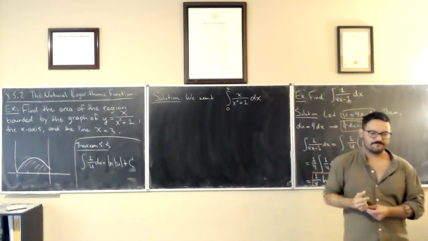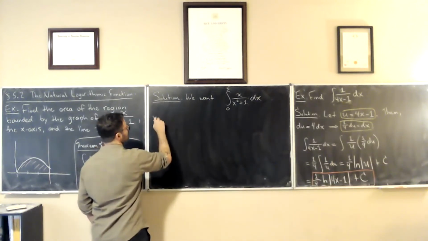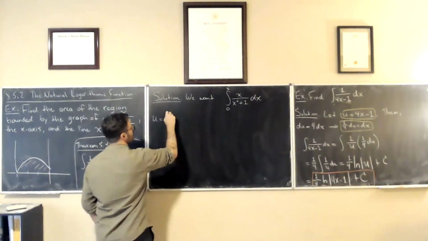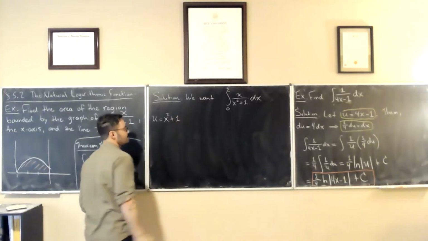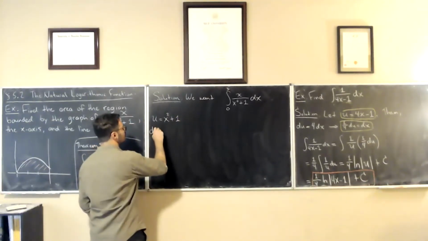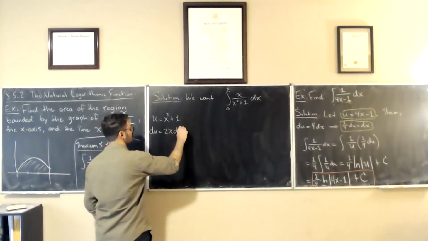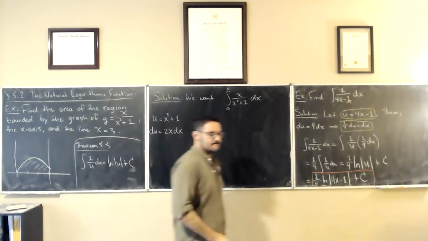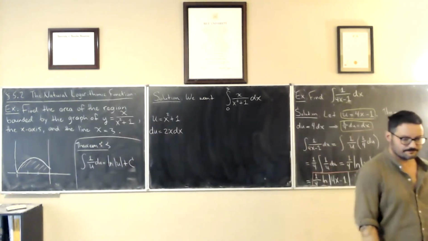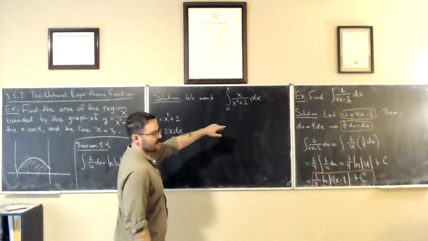Yeah, right? So if we say u is equal to x squared plus 1, then du is going to be 2x dx. Oh, we're getting close, right?